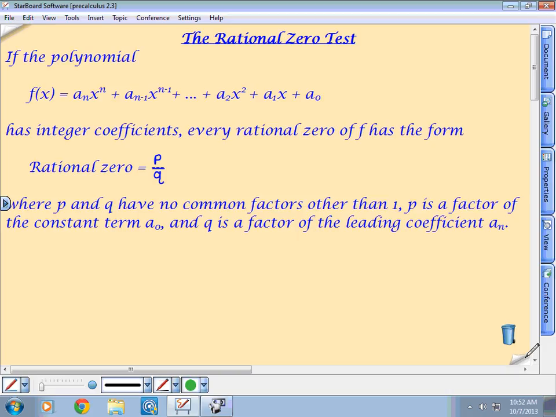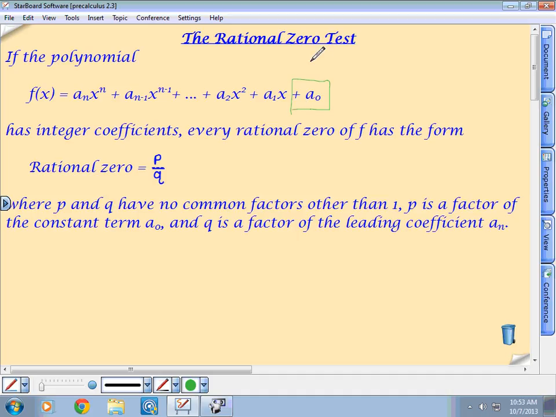The rational zero test. Okay. If a polynomial, and that's just a long polynomial, notice it's in order from the highest degree down. What do we call this term, by the way? This a0. You'll notice there's not an x in it. There's not a variable in it. What part of our polynomial is that?